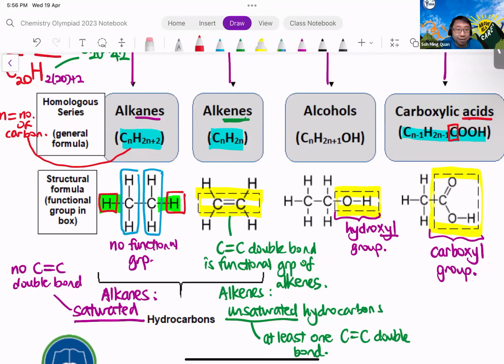They also react with bases to form salt and water. They also react with metals to form salt and hydrogen. So carboxylic acids are just like your other acids which are not organic, but they happen to be organic acids.